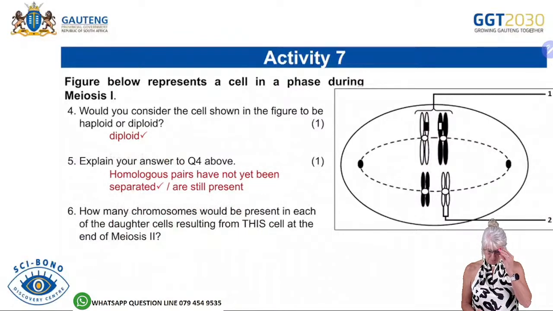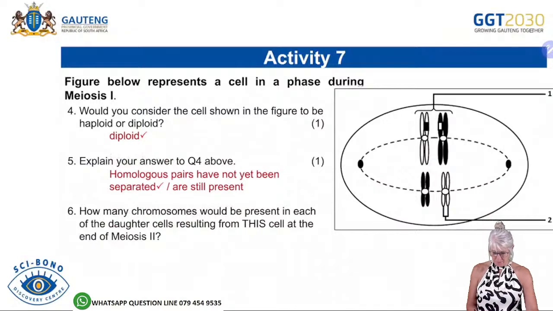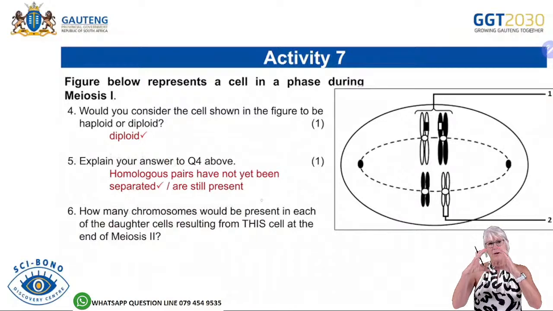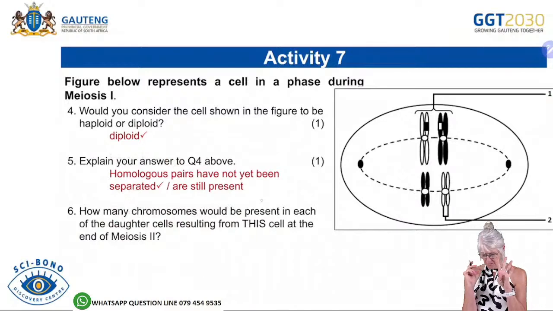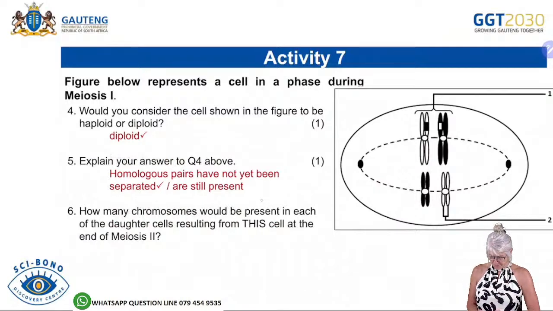The homologous pairs have not yet been separated. And then how many chromosomes would be present in each of the daughter cells? Remember, if you look at the cell in meiosis 1, we can see there are 4 chromosomes, and in meiosis we're going to halve the number of chromosomes. So we're going to end up with 2 chromosomes in each of the cells formed. So it's going to be 2.